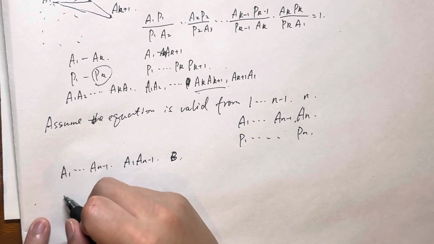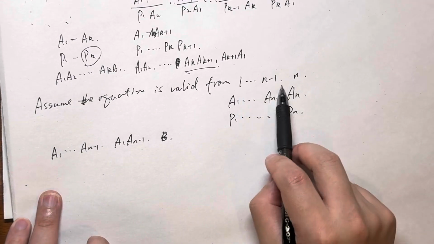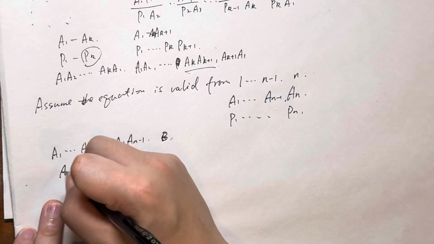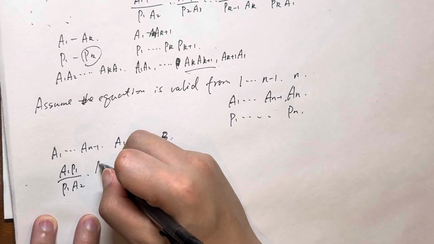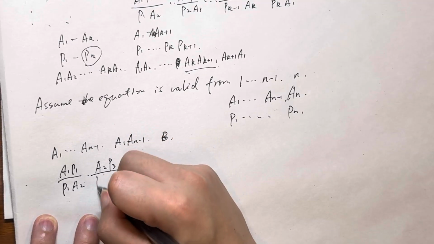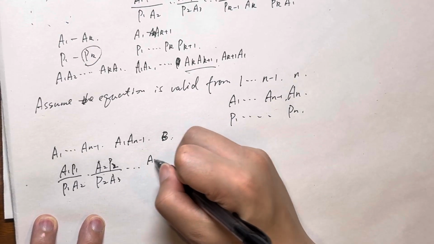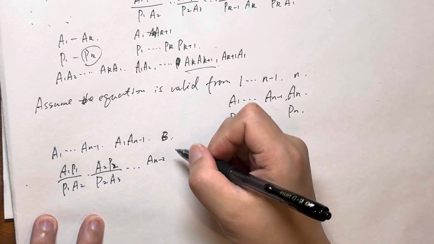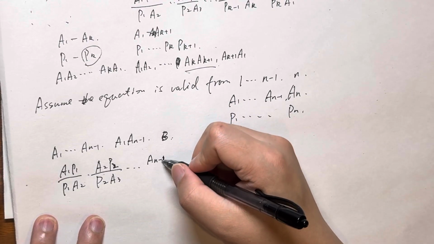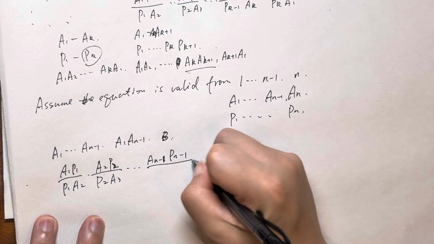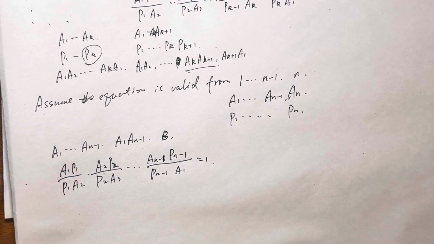Then we know that we have the equation, because this from 1 to n minus 1 is valid, then we have the equation A1 P1 to P1 A2 times A2 P2 to P2 A3 all the way to An minus 1 Pn minus 1 to Pn minus 1 A1 equals to 1. This is true.